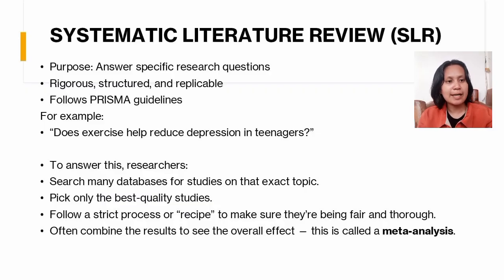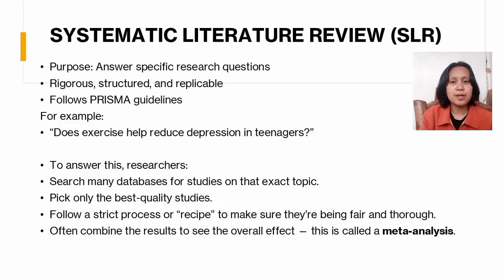PRISMA refers to the Preferred Reporting Items for Systematic Reviews and Meta-Analyses. These are sets of evidence-based minimum standards designed to improve the reporting quality of systematic reviews and meta-analyses.